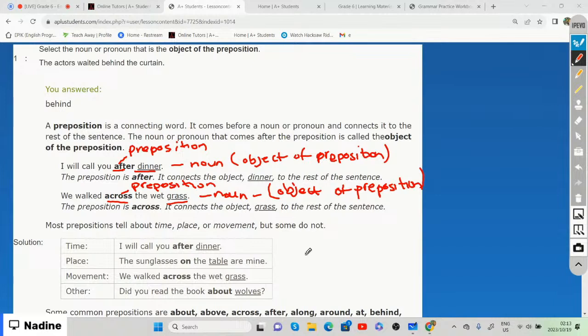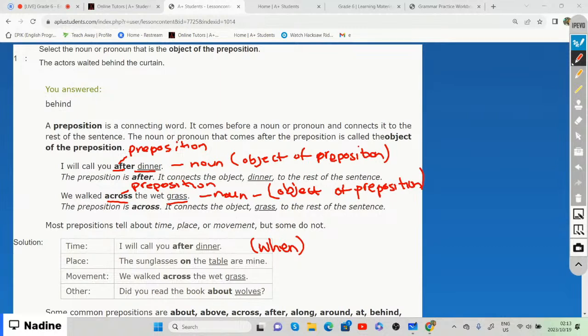if we look at an example, I will call you after dinner. It's like asking somebody, when are you going to call me? So this is like asking when. You don't specifically have to say, I'm going to call you at 5 o'clock, or 9 o'clock, or 8 o'clock.